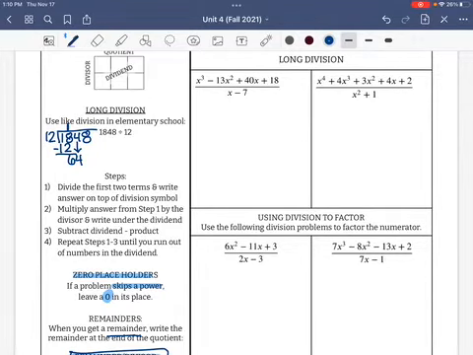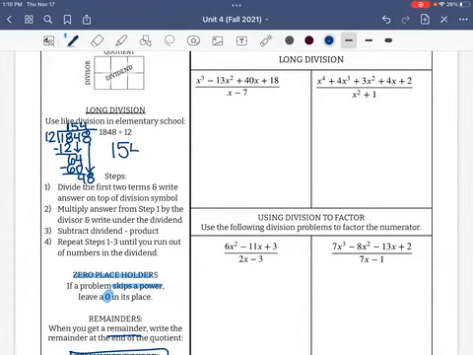Then 12 goes into 64 5 times, but that's only 60, so I subtract 60 and I get a remainder of 4 before I bring down my last number, which is an 8. 12 goes into 48 4 times, which works perfectly, so I don't have a remainder.